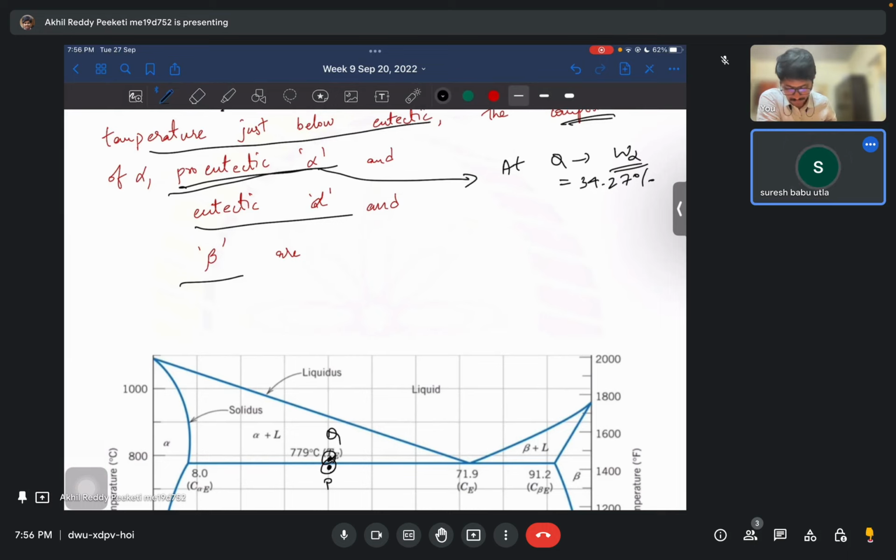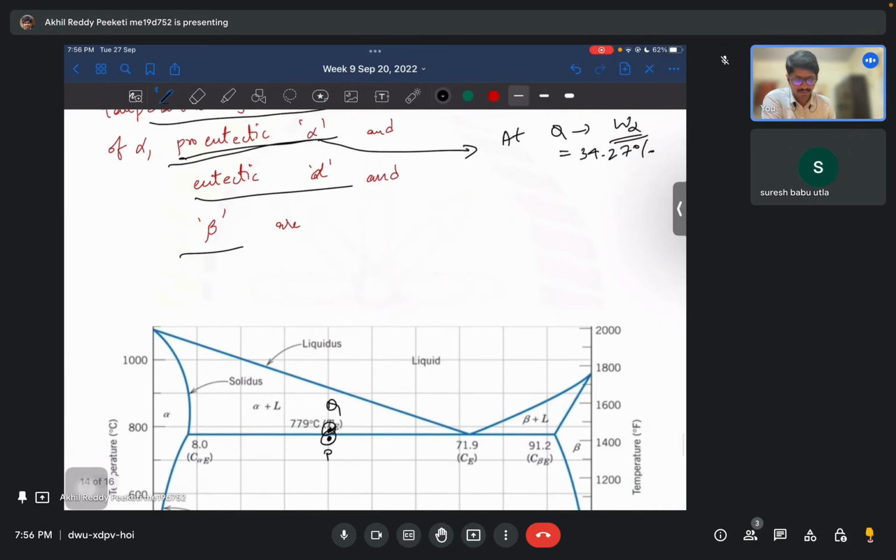Now when you cool even more, the rest of the liquid, 65.73%, will form a eutectic mixture of alpha and beta, right? So from this 65.73%, some will be alpha, some will become beta. Here we are asking how much is eutectic alpha, and the rest is beta.